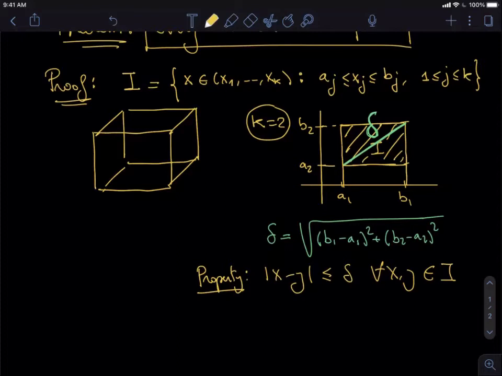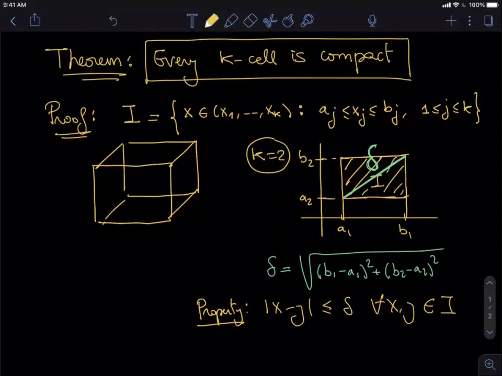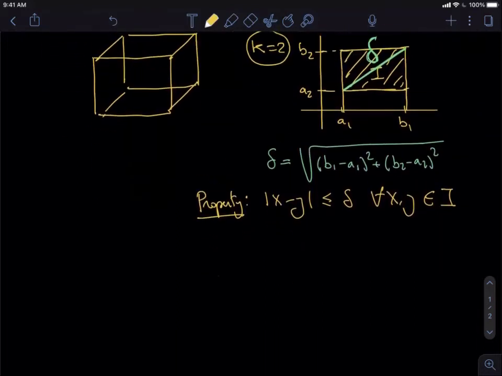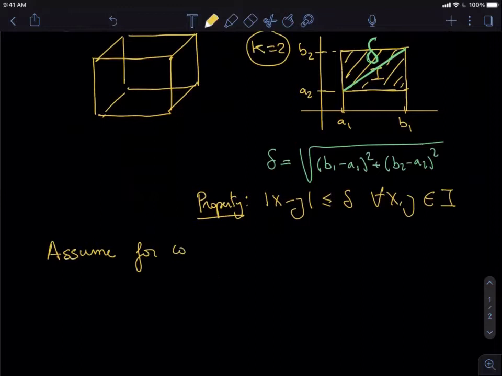All right. So what we are going to do, because we want to show that it's compact, let's assume for contradiction that the K cell is not compact.